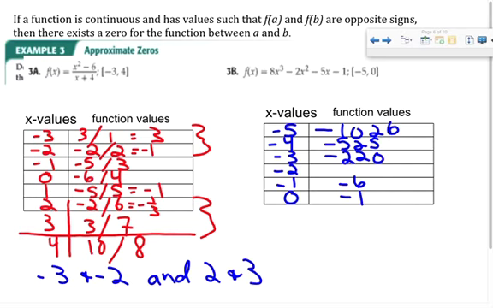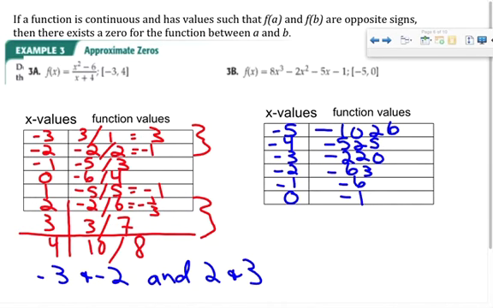Let's double check with that negative 2. And I have negative 64 minus 8 plus 10 minus 1. And no, I don't.